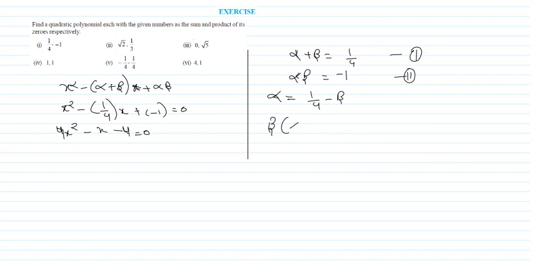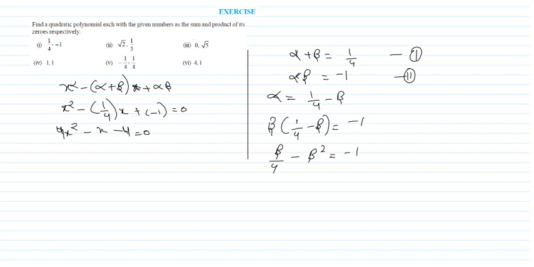We can simply multiply this equation by a minus sign, so 4x square minus x minus 4 is equal to 0.